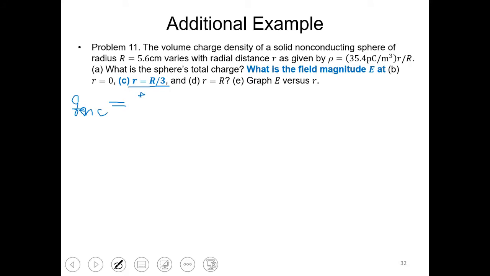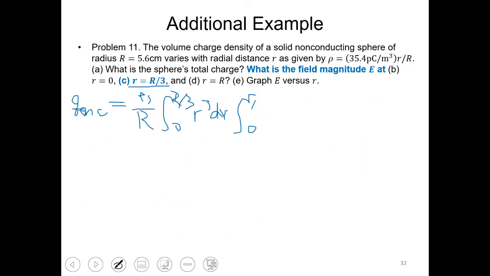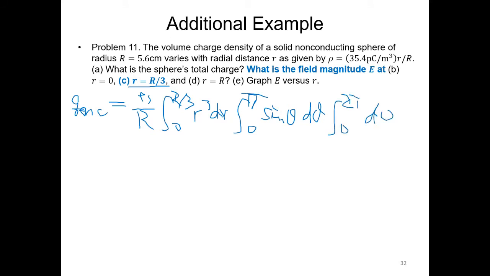So it would be rho S over capital R, integration from 0 to capital R over 3 of r prime to the third power dr, and integration from 0 to pi of sin theta d theta, and then 0 to 2 pi d phi.